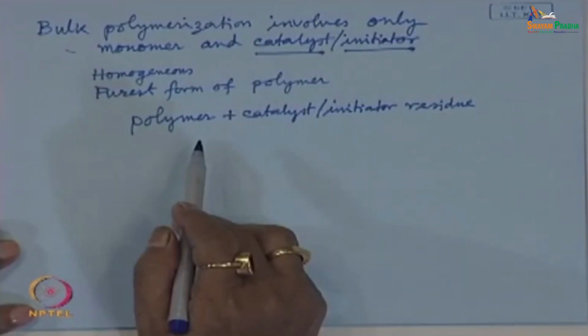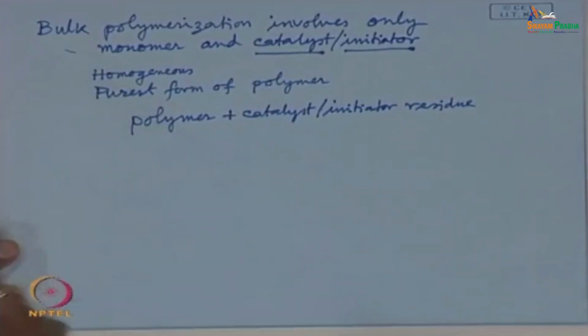But there may be a problem. In case of condensation polymerization, it involves very high temperature. When I show you this with the help of certain flow diagrams, the synthesis of polyester or nylon, you will see that it involves very high temperature, because the melting points of the intermediates are very high.